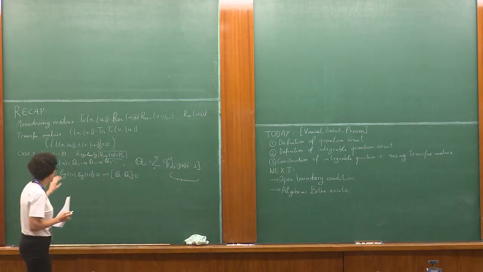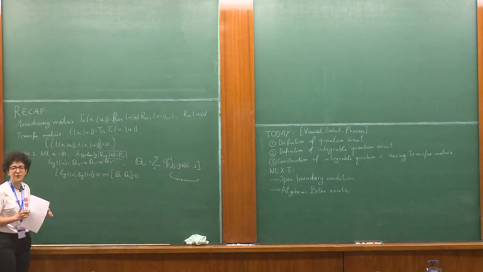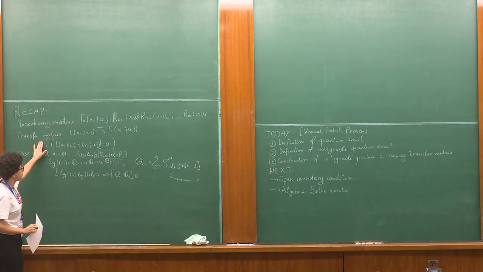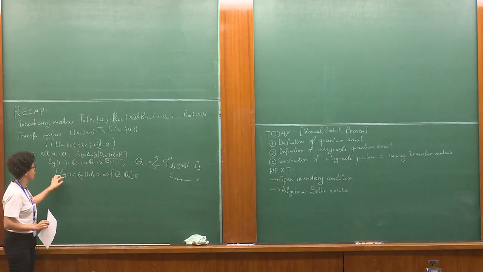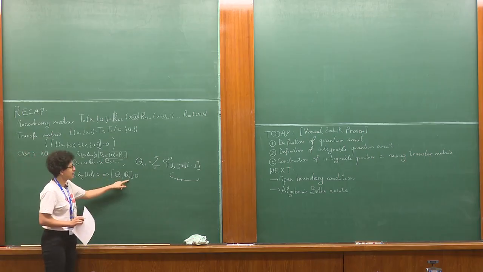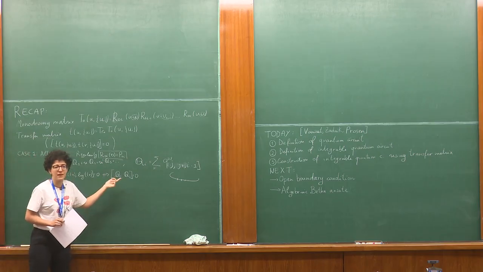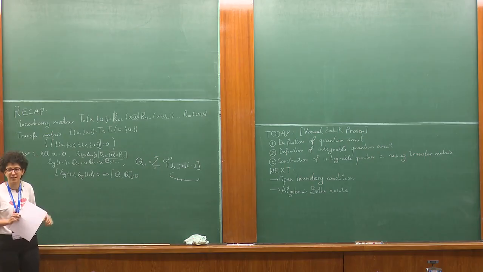So important results from yesterday were this relation over here, and the fact that all these are analytic functions, so we can always take the log of them and expand it, and we get this property. This is one of the main definitions of integrability that I was giving.